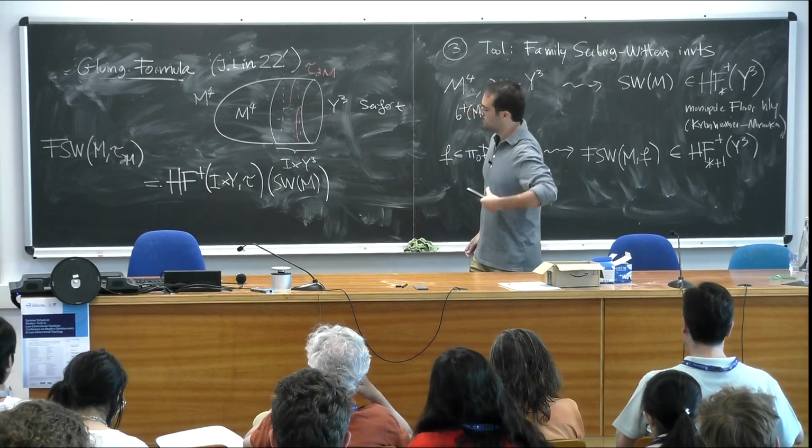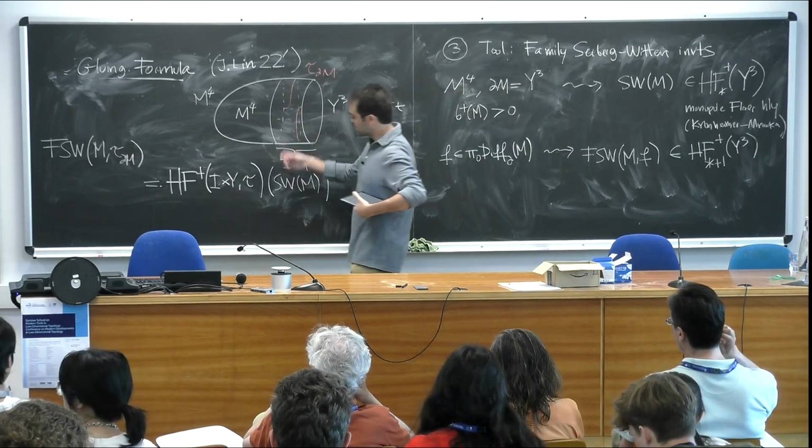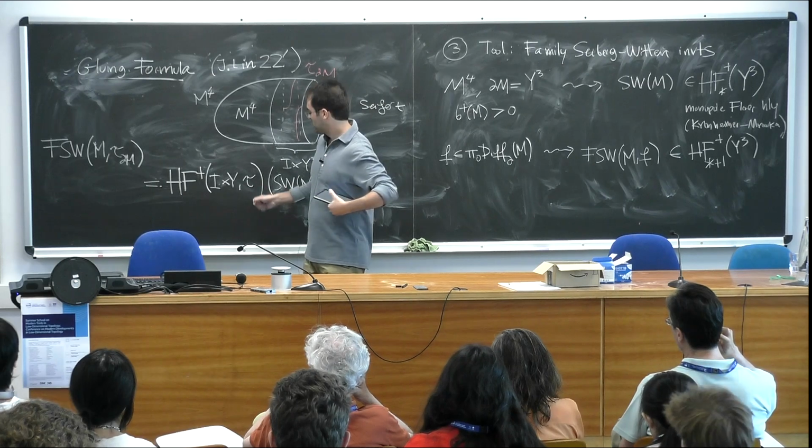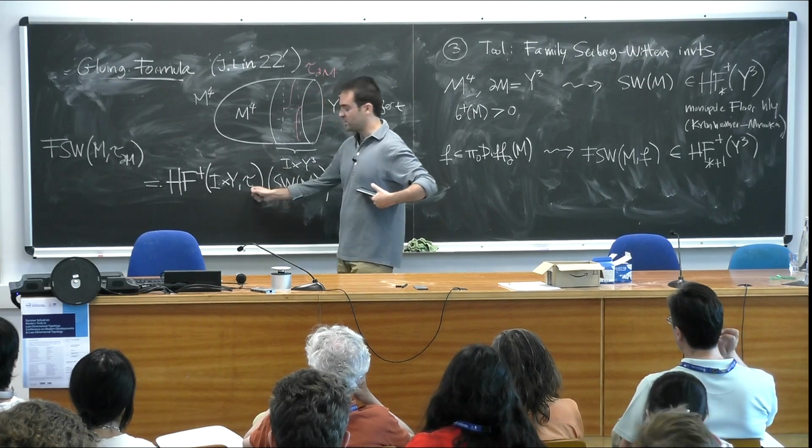It's just the identity. But you can also consider a version of this cobordism map that equips the cobordism with a diffeomorphism.